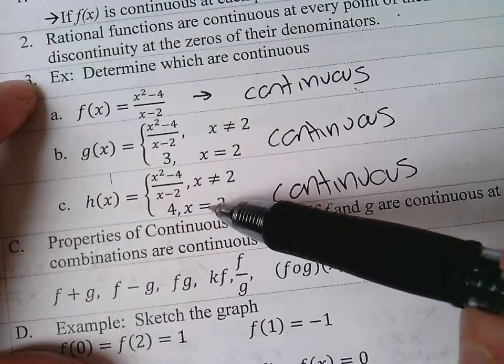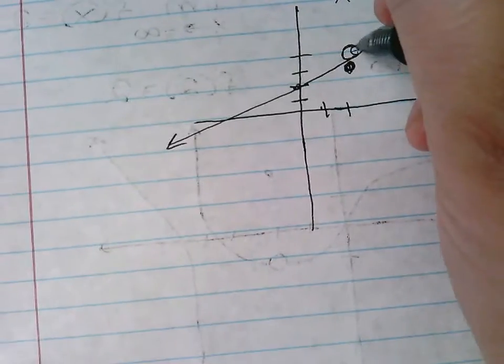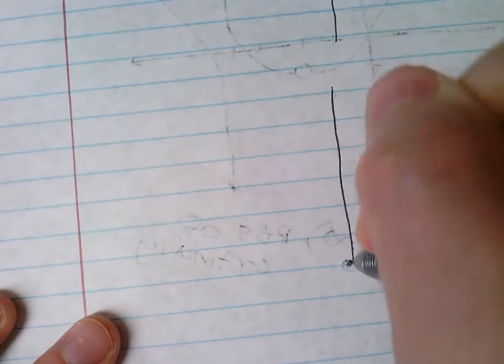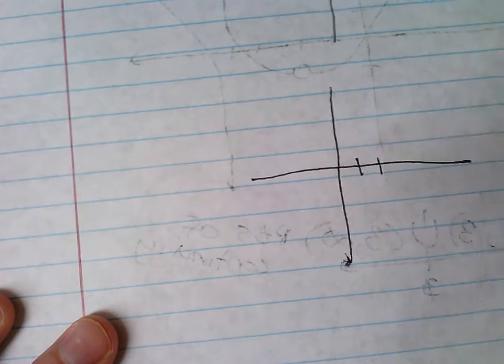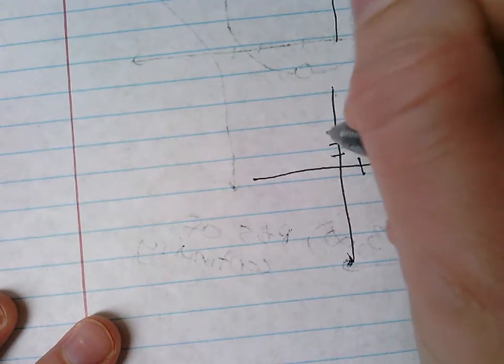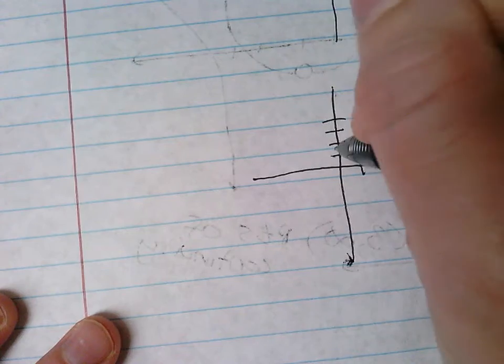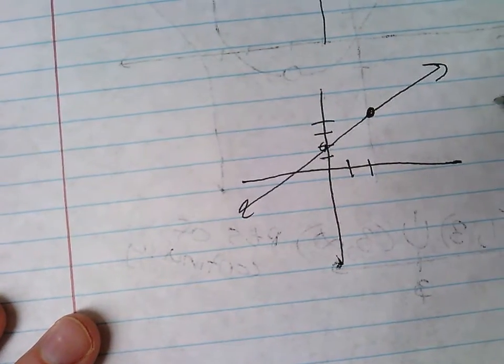Now we're going to have x equals 2 and y equals 4. So that's when we fill in a dot. Okay, and that is a continuous function.